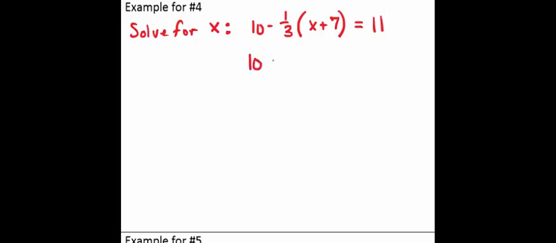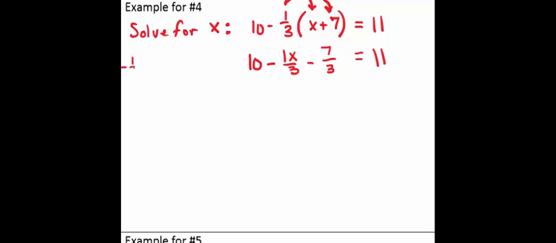After I bring down the 10, I will distribute the 1/3 to everything inside the parentheses. This gives me negative 1x over 3 and a negative 7 over 3. And that equals 11.